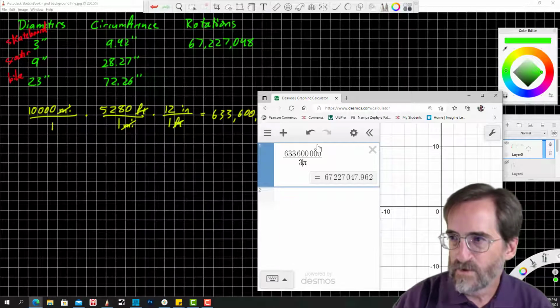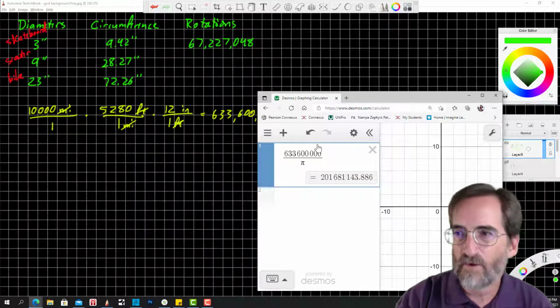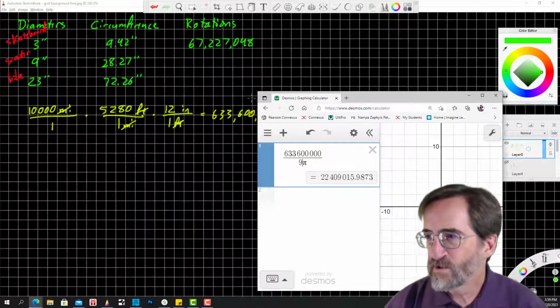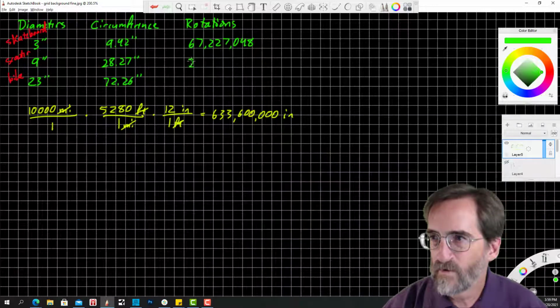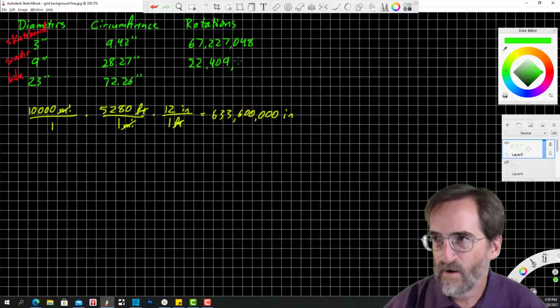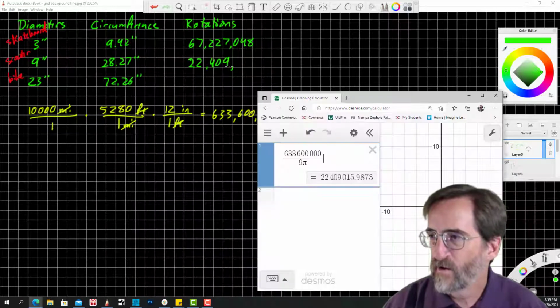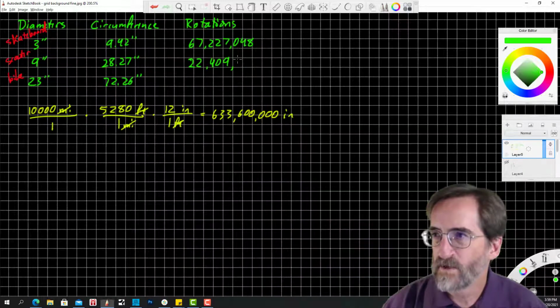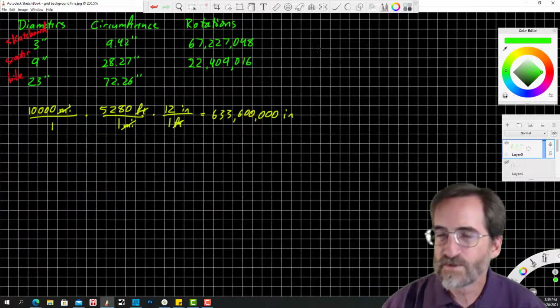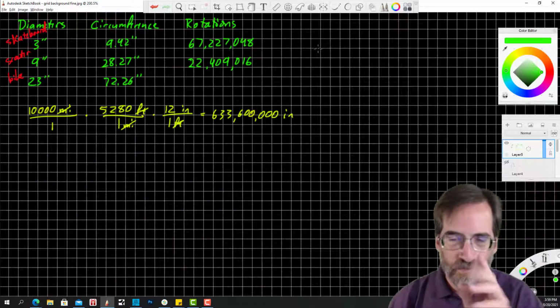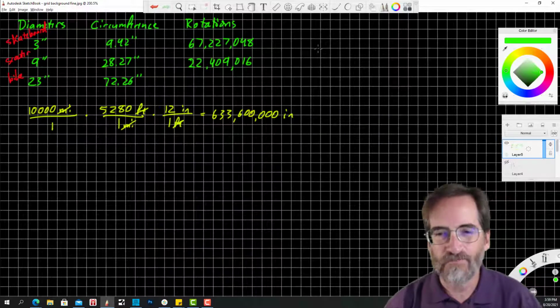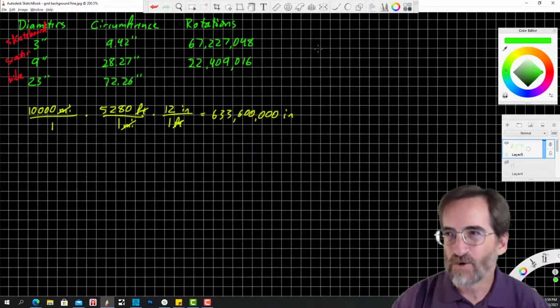The scooter, on the other hand, we're going to divide not by 3 pi, but by 9 pi. That gives 22,409,016 rotations. Now just a note here, you don't use my diameters. They're mine. Do your own calculations.